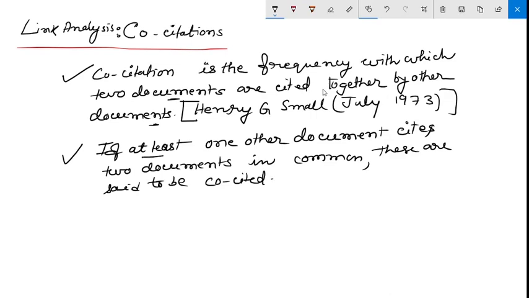If at least one other document cites two documents in common, these are said to be co-cited. Similar definition, saying in a different way.